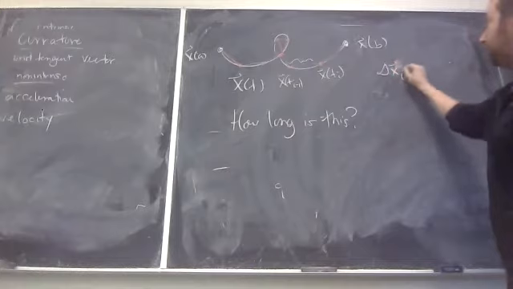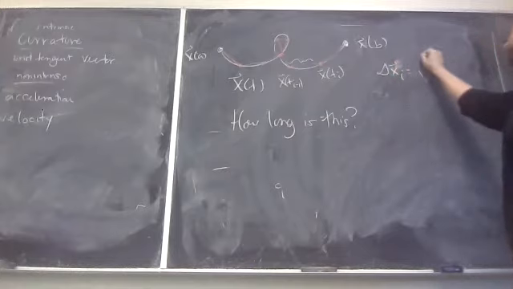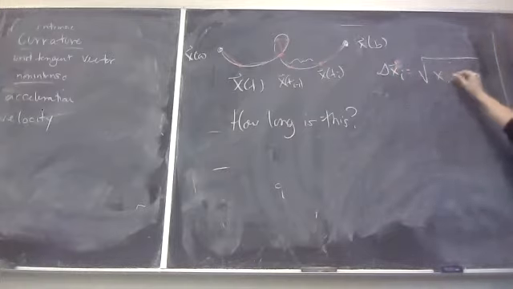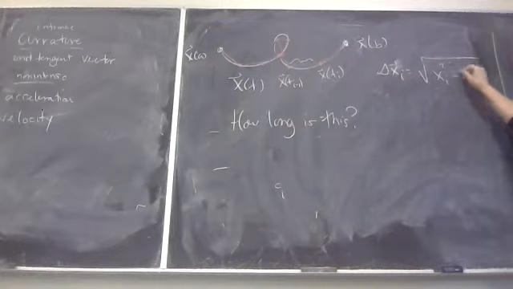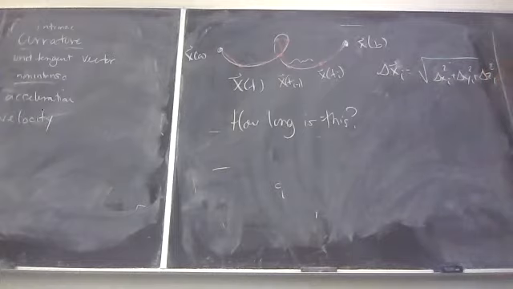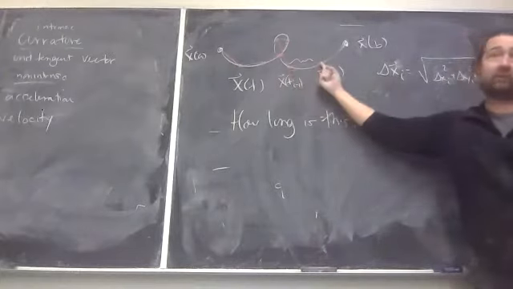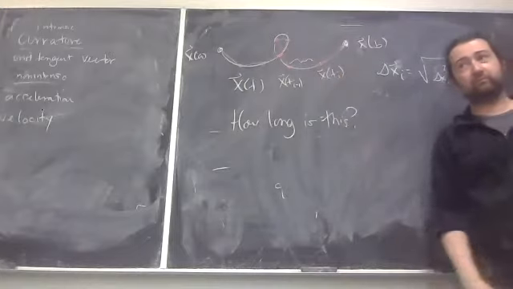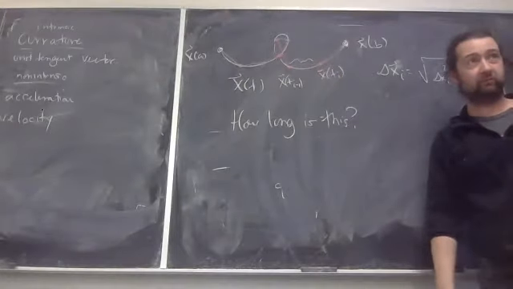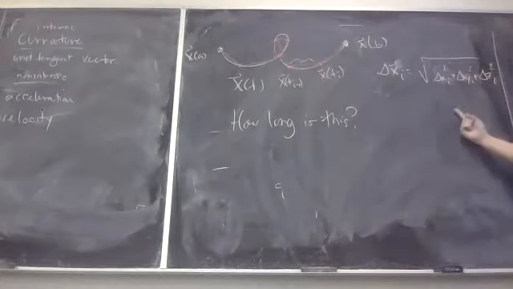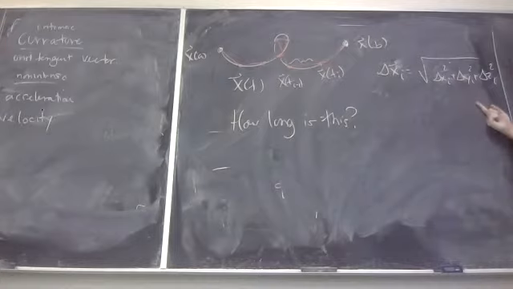The change in x_i is equal to the square root of the change in the x variable squared plus the change in the y variable squared plus the change in the z variable squared. It makes sense? It's just the distance formula. You got an x, y, and z right here, and an x, y, and z right here. Subtract and take the square root. It makes sense? So each one of these line segments has this little distance formula attached to it.